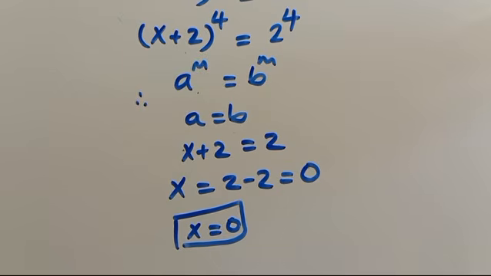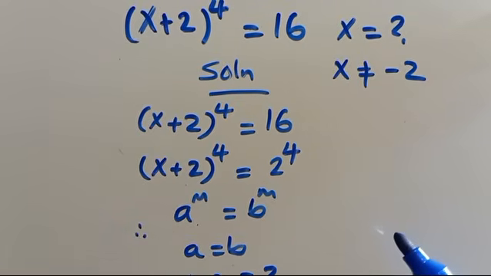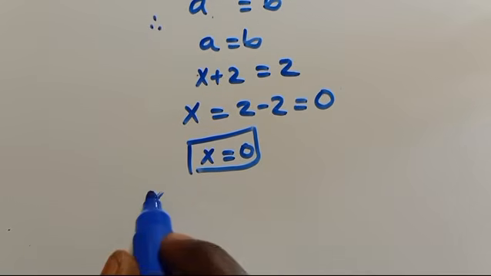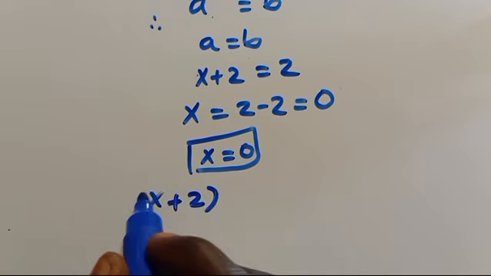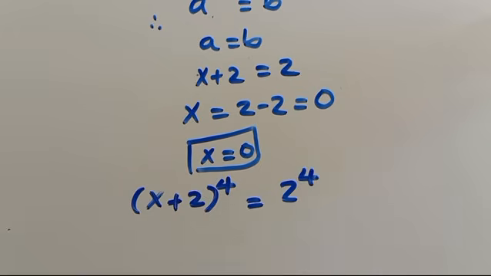So from here, we can also recall that the power of this expression is 4, so we are expected to get 4 possible solutions. So now from here, we have (x + 2)^4 = 2^4.